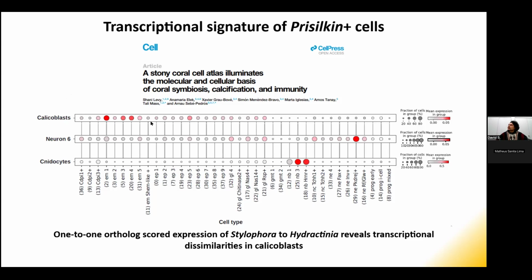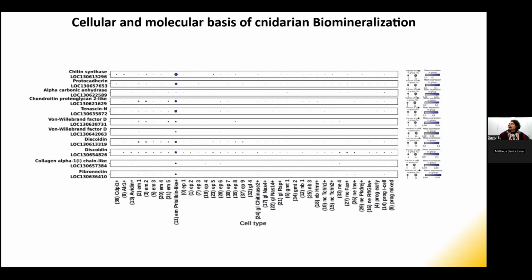like it has minimum relationship, so it's not at all similar transcriptionally speaking to the calicoblast in Stylophora when we do a one-to-one ortholog scored expression from the Hydractinia genes in the pre-silkin positive cells.